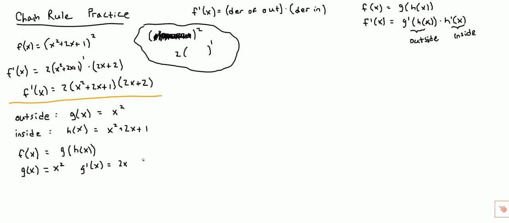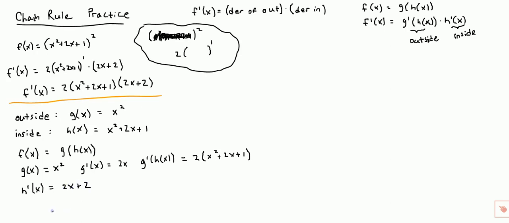So if we plug in h of x, we get 2 times x squared plus 2x plus 1. Right? G prime of x is 2x. G prime of h of x is 2 times h of x. Okay? Then h prime of x is 2x plus 2. Okay?